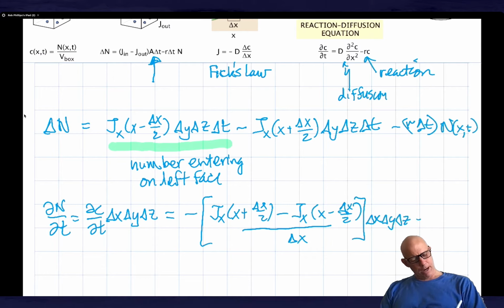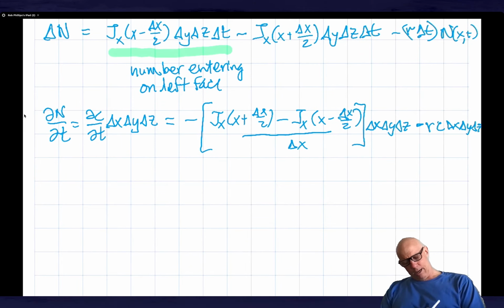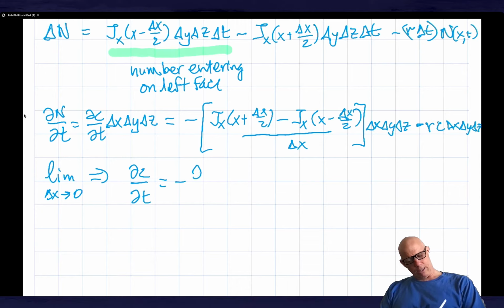And then finally minus r times c times delta x, delta y, delta z. And in the limit, as delta x, etc., goes to 0, this thing becomes dc by dt is equal to minus divergence of flux minus rc.